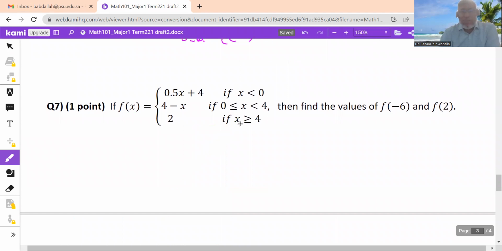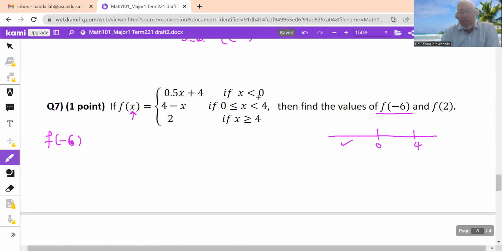This is a piecewise function. Find the value of f of negative 6. Well, to find f of any number, I need to know where this number is, because I have 3 definitions here. So negative 6, is it less than 0, between 0 and 4, or greater than 4? If you put the number line, this is 0, this is 4, negative 6 is here.